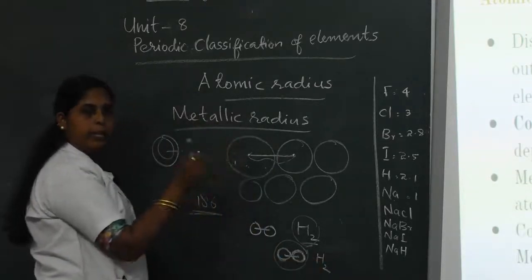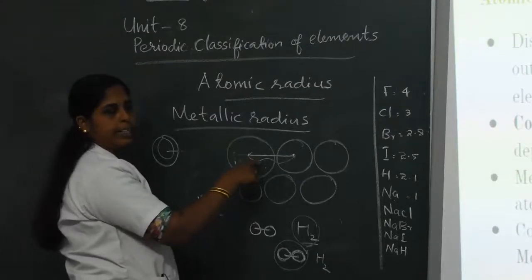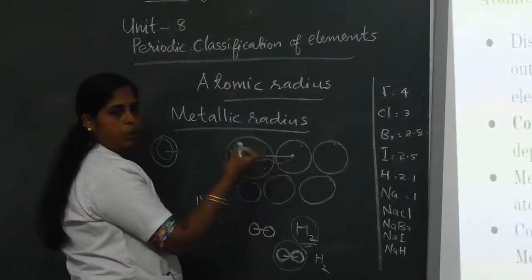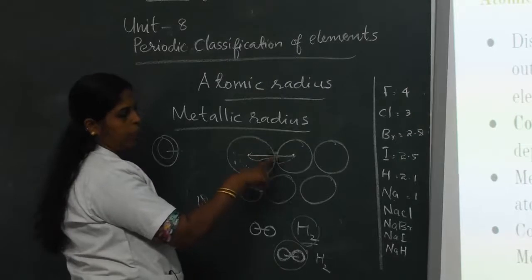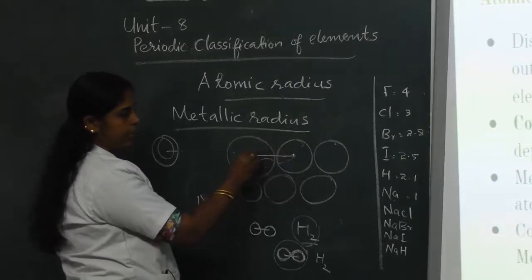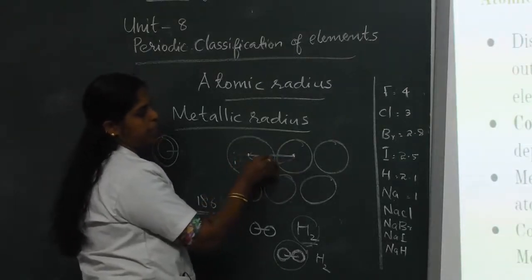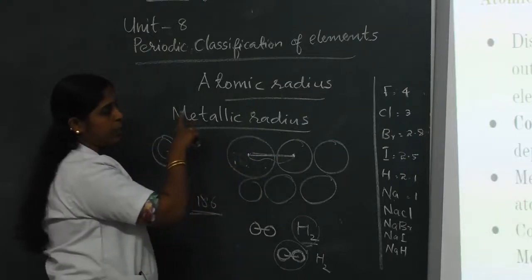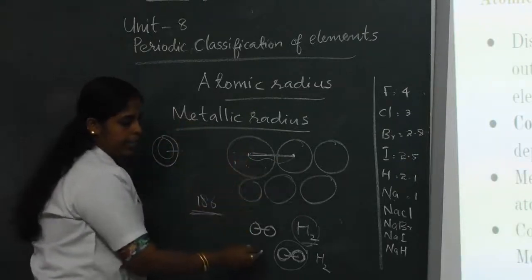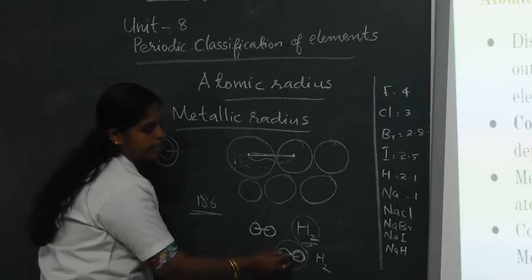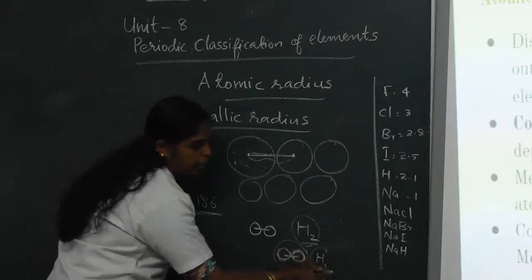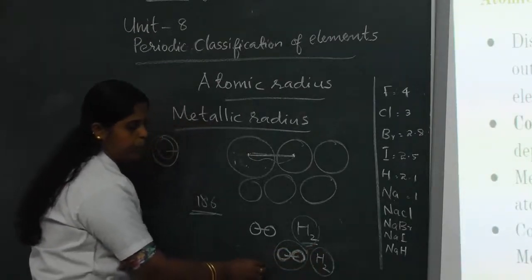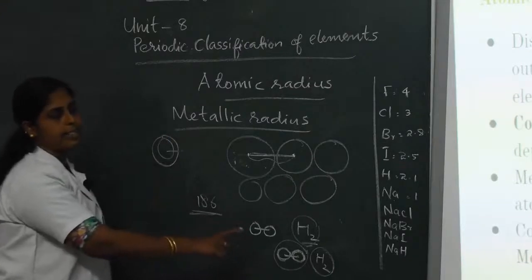In metals, giving of electrons takes place to form the metallic bond. So half the distance between adjacent atoms is known as metallic radius. The covalent radius is half the distance between adjacent atoms in the same molecule, like inside the hydrogen molecule.